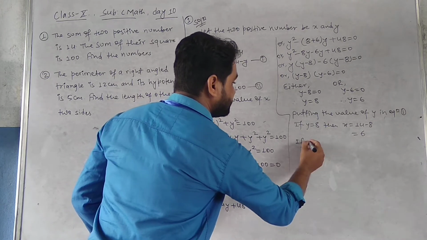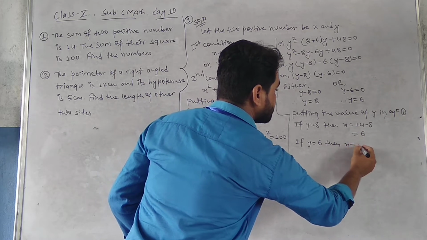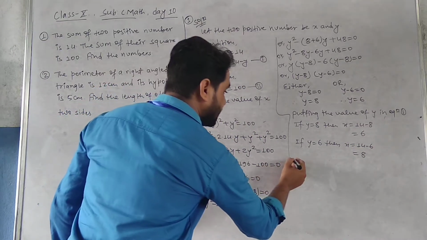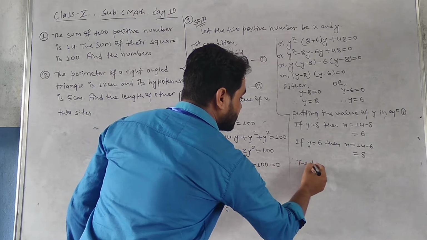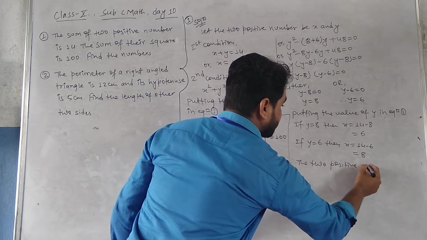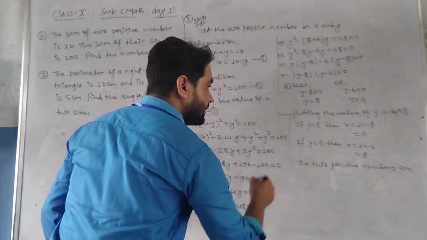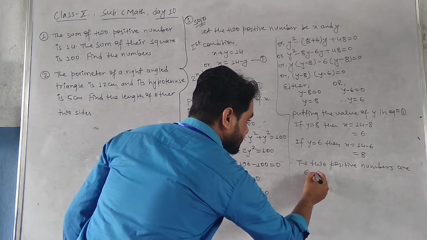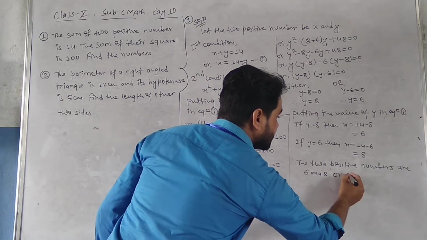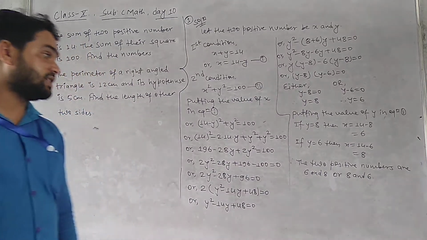And if y equals to 6, then x equals to 14 minus 6, we get 8. That means, therefore, the two positive numbers are 6 and 8, or 8 and 6. This is the two numbers.